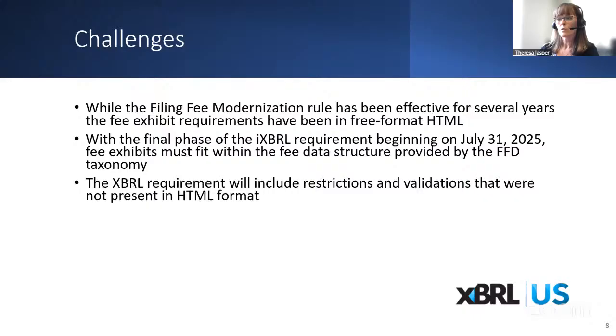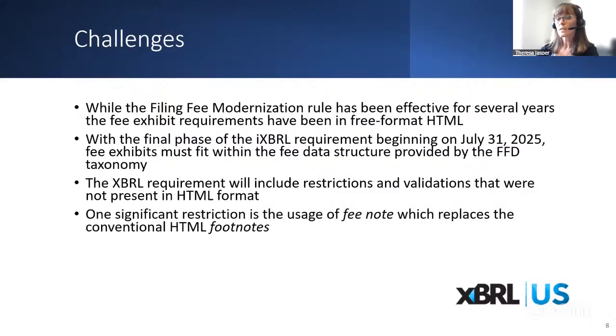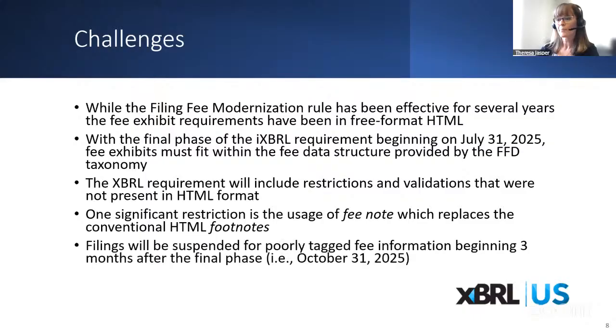The XBRL requirement will include restrictions and validations that were not present in HTML format. One significant restriction is the usage of fee note, which replaces the conventional HTML footnotes. Filings will be suspended for poorly tagged fee information beginning 3 months after the final phase.